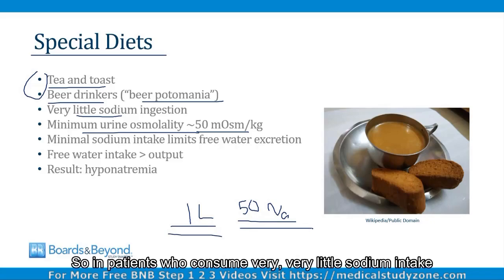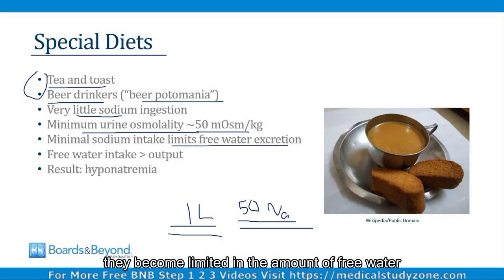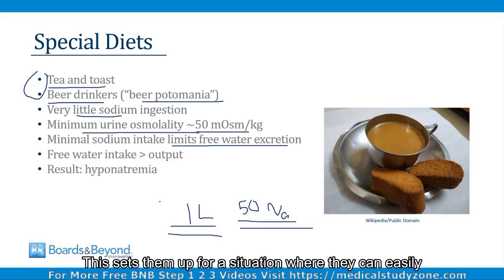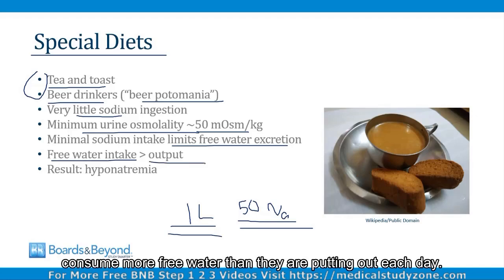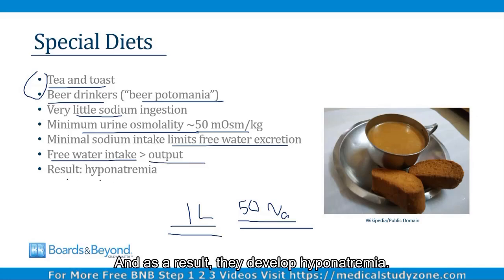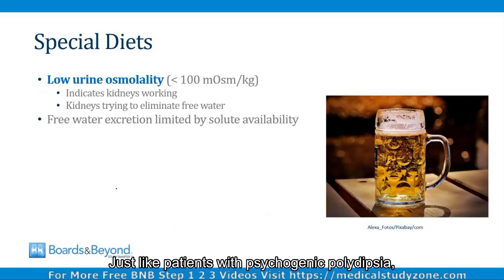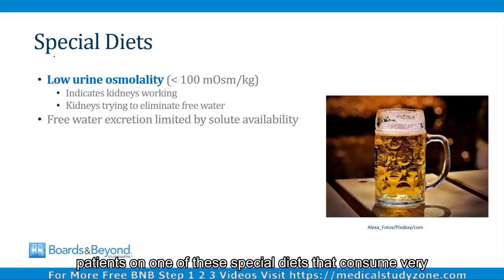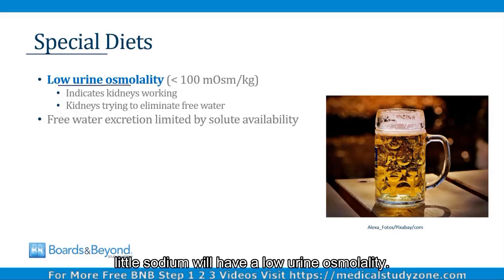So in patients who consume very, very little sodium intake, they become limited in the amount of free water that they can excrete. This sets them up for a situation where they can easily consume more free water than they are putting out each day, and as a result they develop hyponatremia. Just like patients with psychogenic polydipsia, patients on one of these special diets that consume very little sodium will have a low urine osmolality.